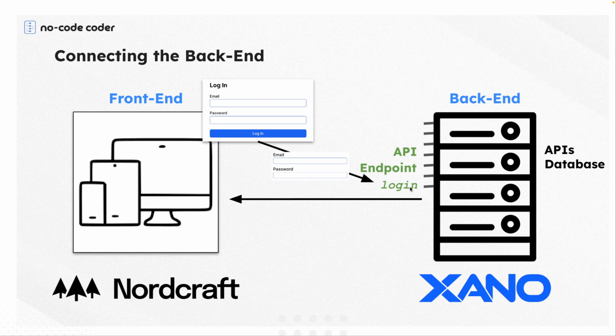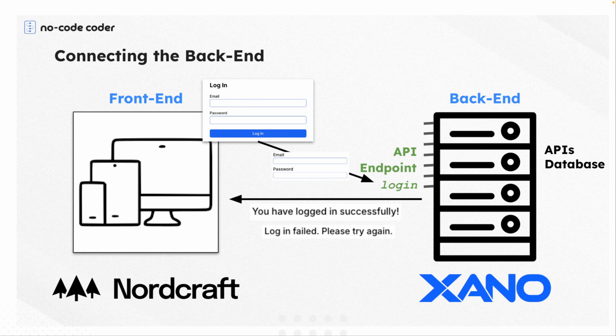And once it's done its job, it will return a response, and it will return that it has either successfully logged them in or that it has failed to log them in. Then when the front end has got that response back, it can display a message, you've logged in successfully or login has failed, depending on the response that it gets back. So that's effectively how we connect to Xano's backend.